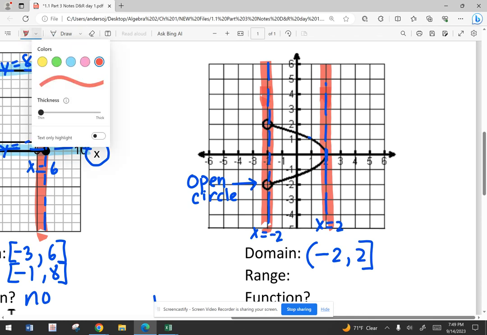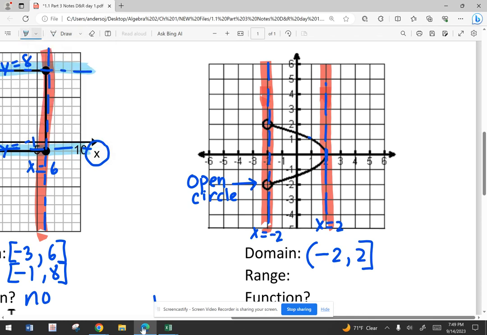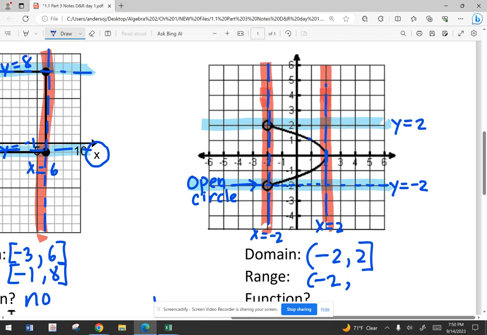When we look from the bottom to the top, the lowest to the highest y, the lowest y is -2. The highest y is +2. Notice the lowest y has an open circle. The highest y has an open circle.